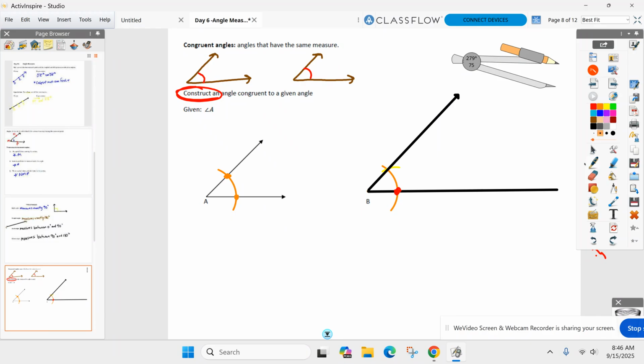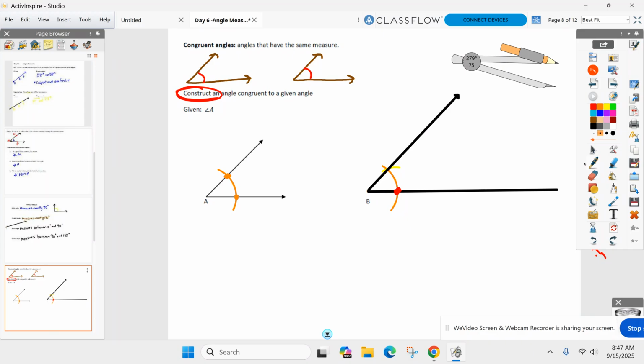Some of you may look at this and be like, wow, this one is so much bigger than that one. They can't be congruent. You don't understand what congruent is. What's congruent? For angles, they have the same measure. I bet you if we took a protractor and measured it, they'd be the same amount of degrees.